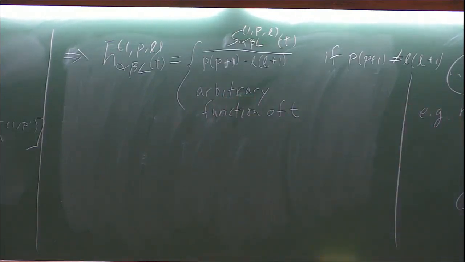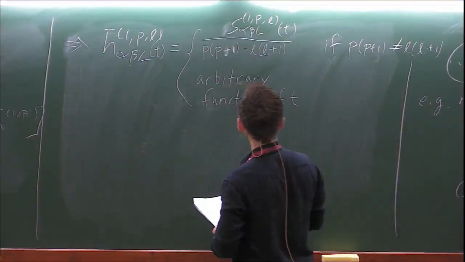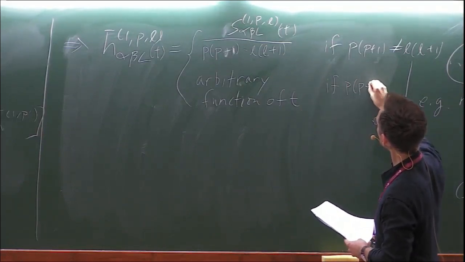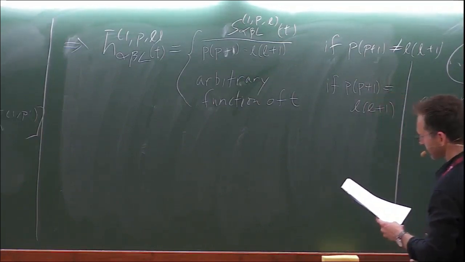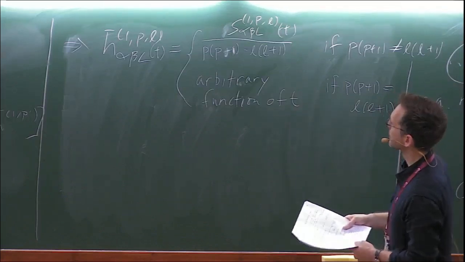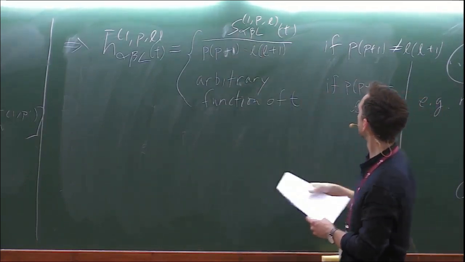It's just a homogeneous solution to the Laplace equation. So this is if p times p plus 1 is equal to L times L plus 1. As a small note, this is only an arbitrary function of time if the source is 0 for this particular mode.